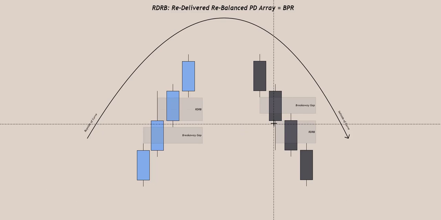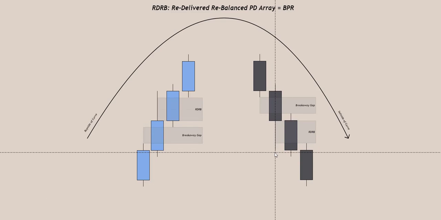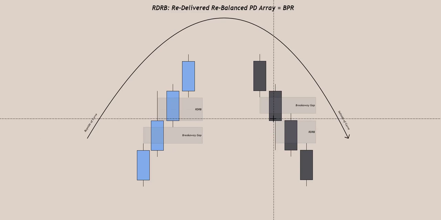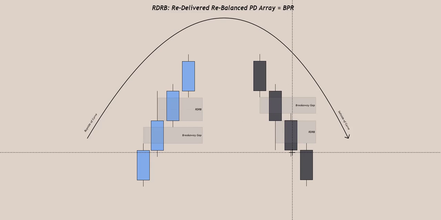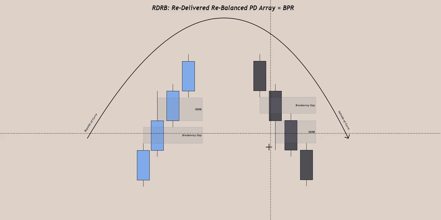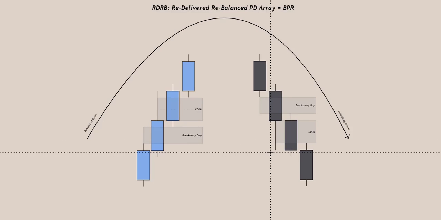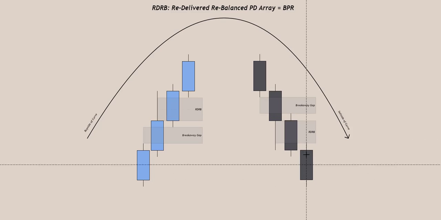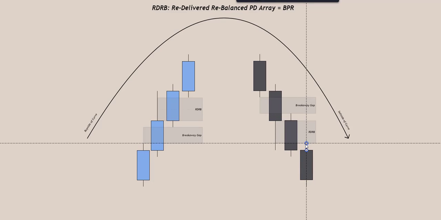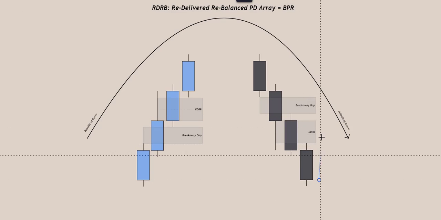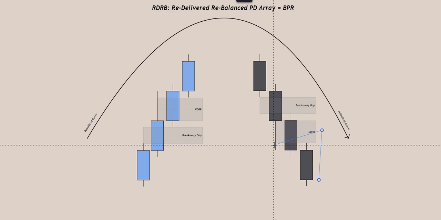Because here on the sell side, once again, we offer sell side once, we offer buy side once, now we offer sell side again. That's twice, right? 2 times sell side, 1 time buy side. And so what do we need to equalize that? We need buy side one more time, right? So if we trade back into it here, for example, buy side offered, that's a balanced price range.